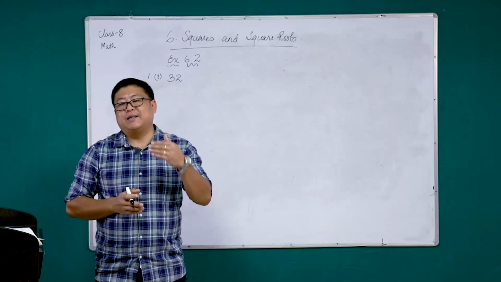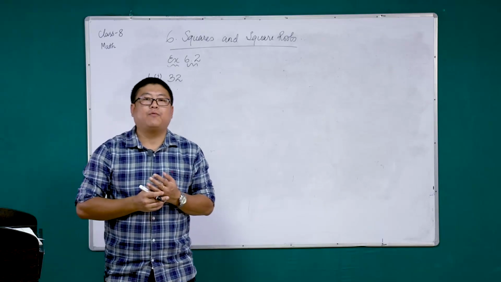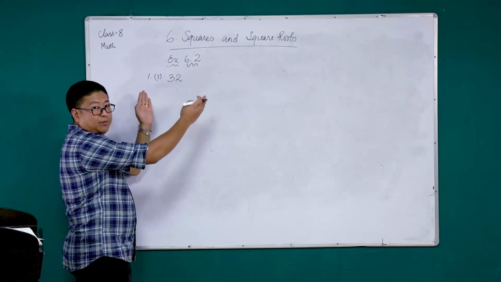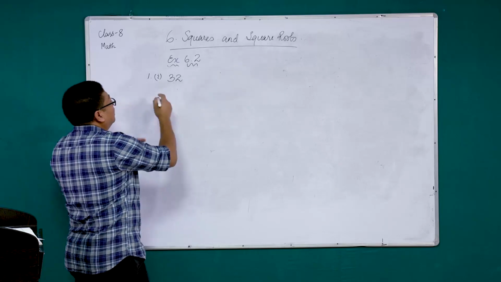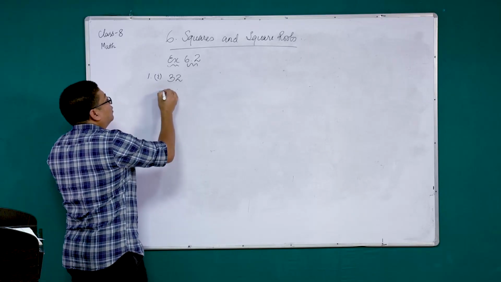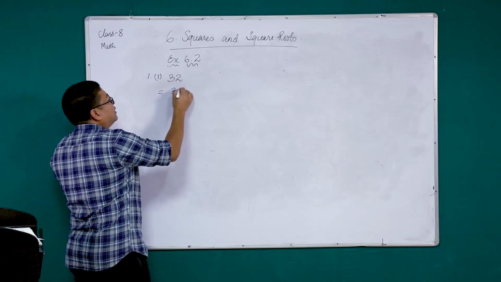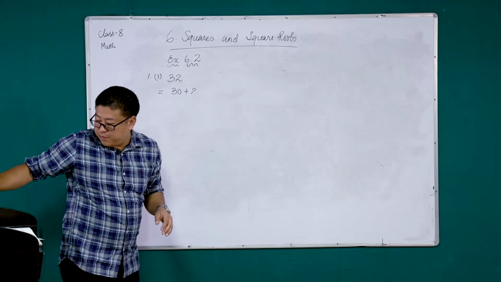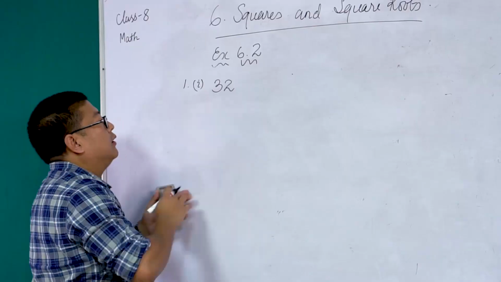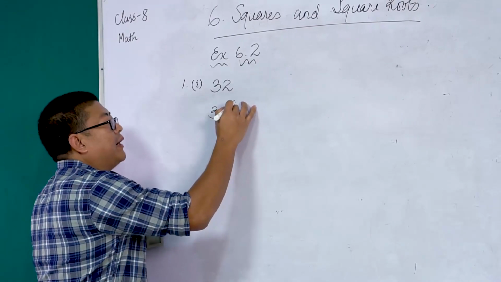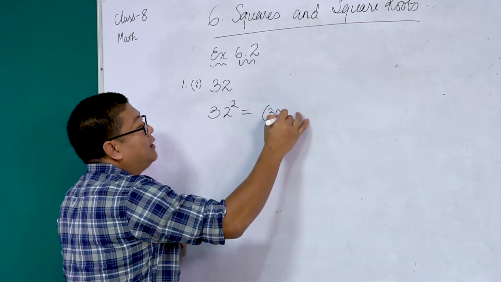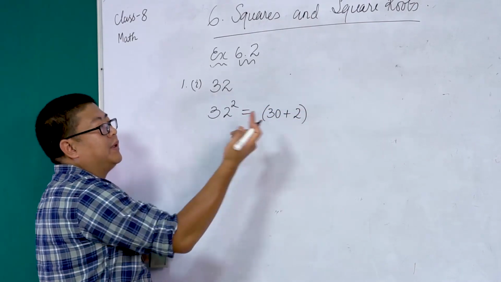Now we have done finding squares in the previous class, where we expanded them. So here we can expand like this. We're going to find 32 square. So we will expand this, 30 plus 2. 30 plus 2 is 32.